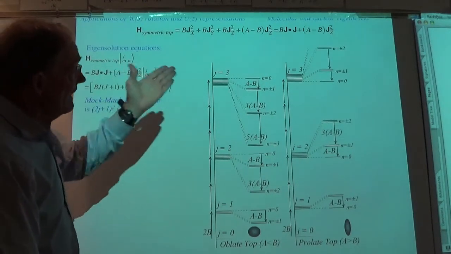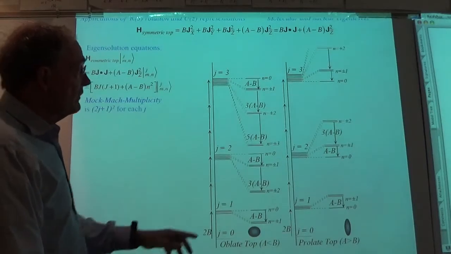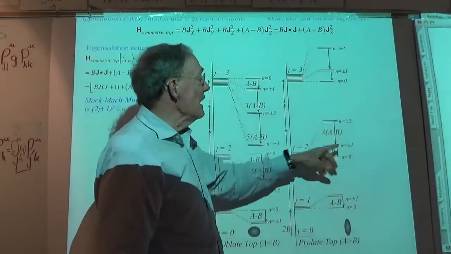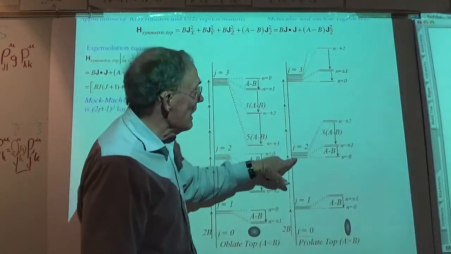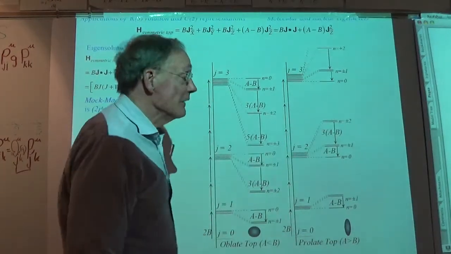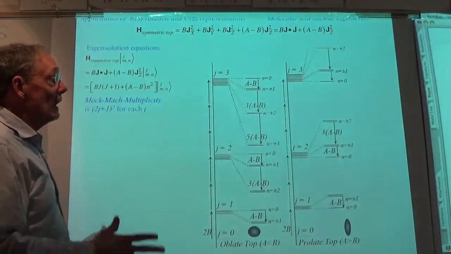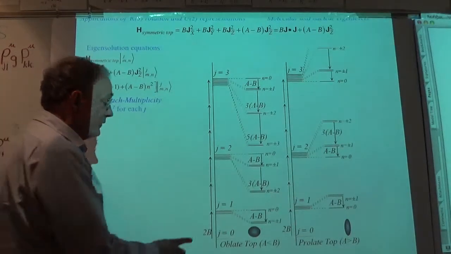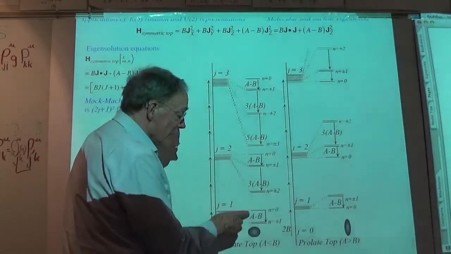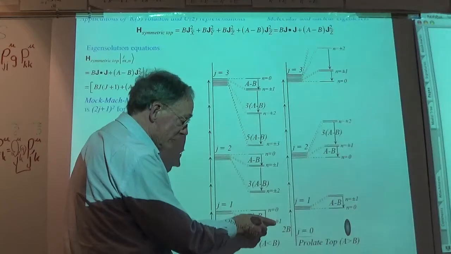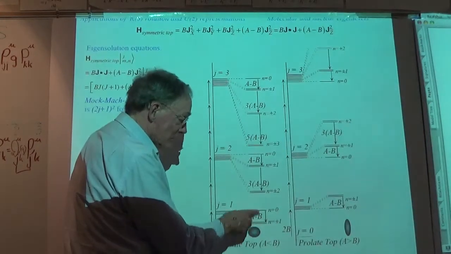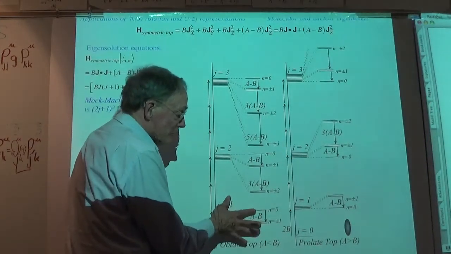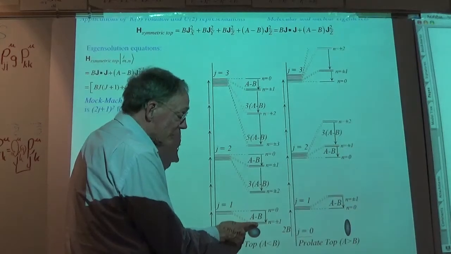But because it's an internal symmetry breaking, it's the n's that split out, not the m. The m is still hiding at every one of those levels, and there are 2j plus 1 of them. There's 3 of them down here, besides the 3 n's, which gives me what looks like just 3 different levels, 2 of which are degenerate.